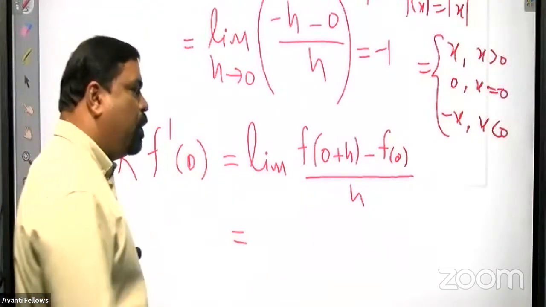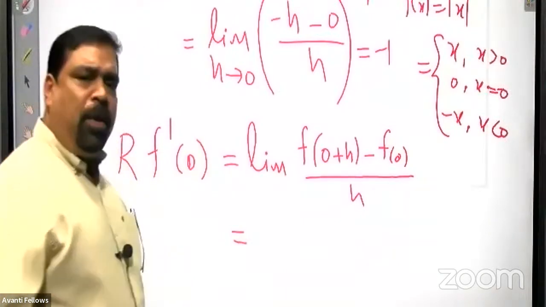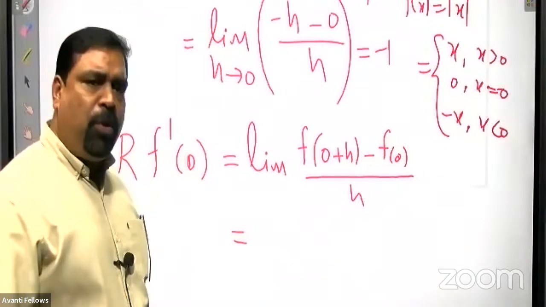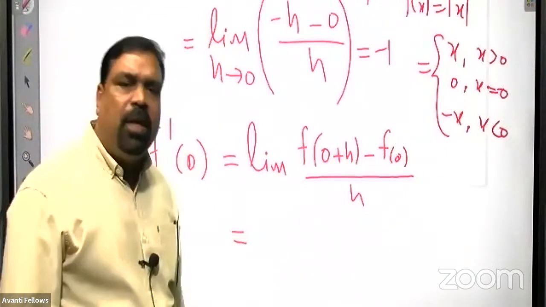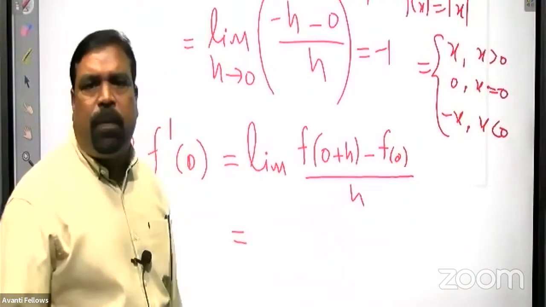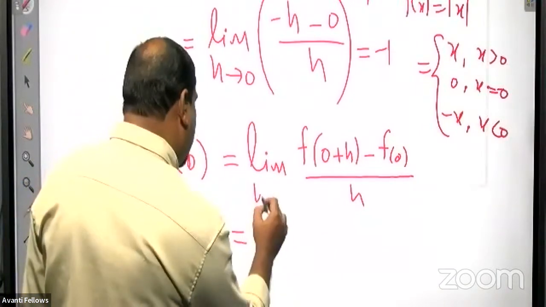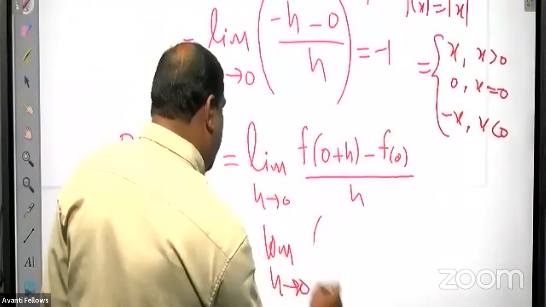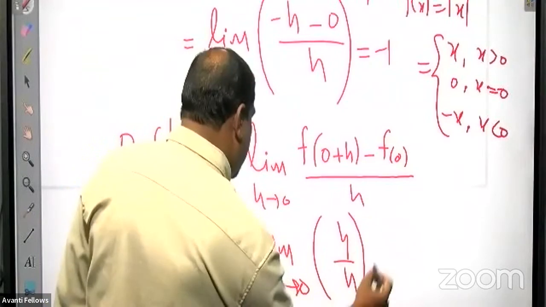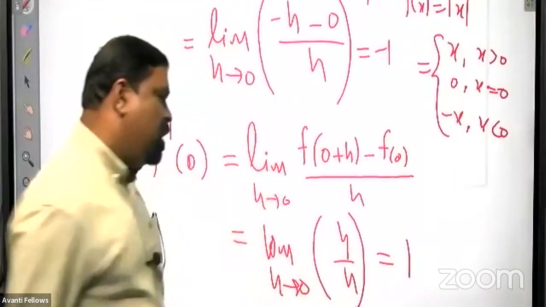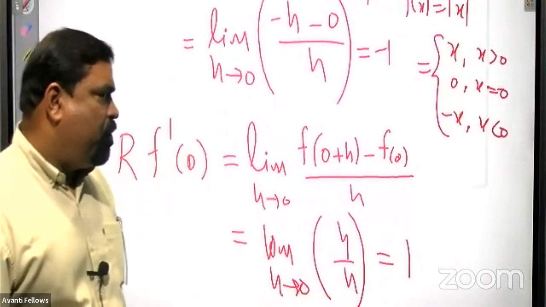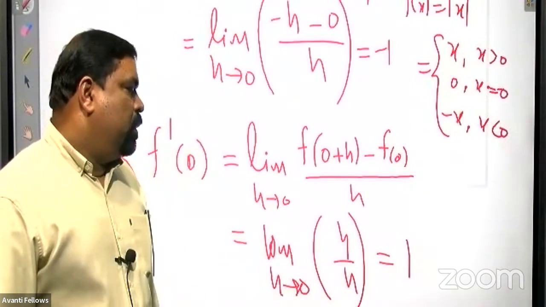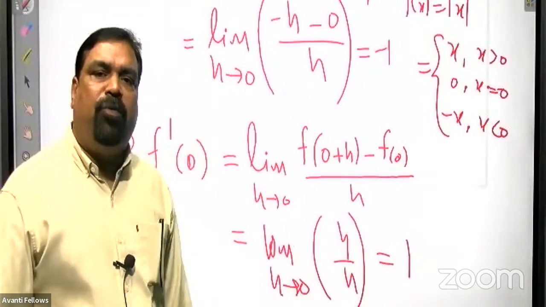And that's equal to, from the right side of 0, f of h is h. Now f of 0 plus h means f of h, and f of h means h only. So limit h tends to 0, h by h stands for 1, and limit of 1 is equal to 1. That means the right-hand derivative is 1.